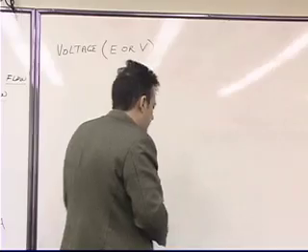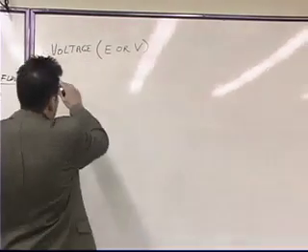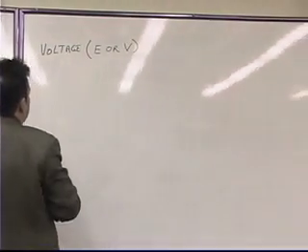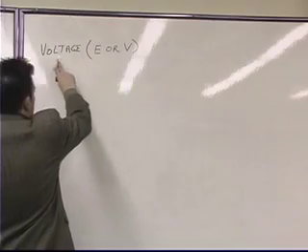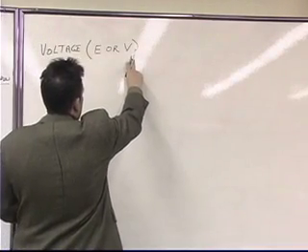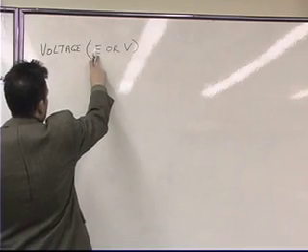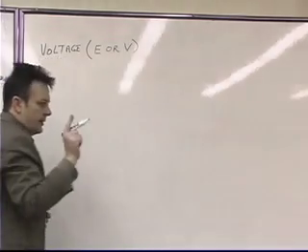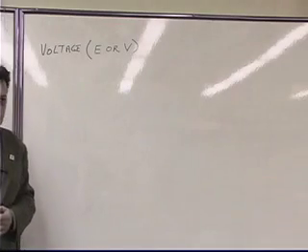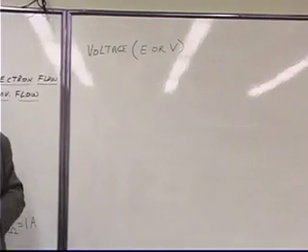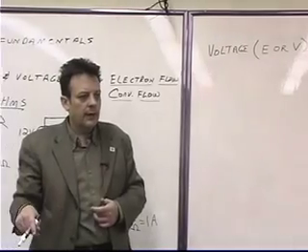So, to simplify this, we've talked about voltage, and we've said that voltage can be expressed as either E or V in the formulas, depending on which book you're looking at.